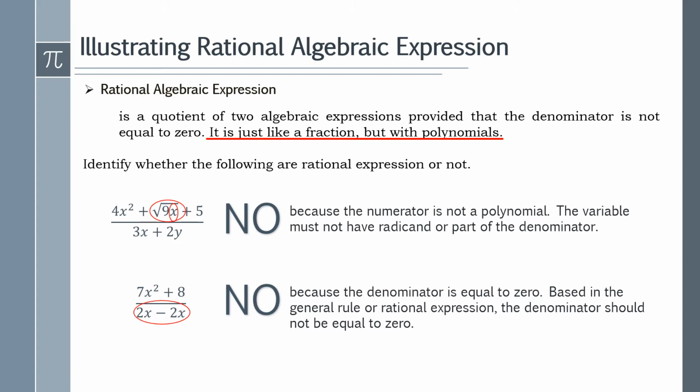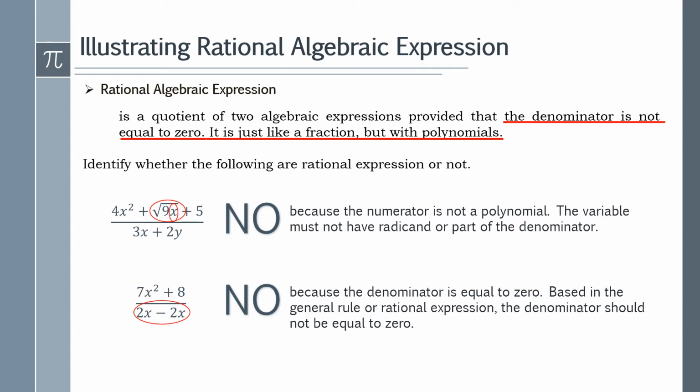That 2x minus 2x, that is equal to 0, right? Yung mga example natin earlier, hindi natin masasabi equal to 0 kasi wala tayong value ng x. Pero this one, though wala tayong value ng x, but since 2x minus 2x is equal to 0, and according sa definition natin, the denominator is not equal to 0 dapat. So meaning, that expression is not a rational expression.